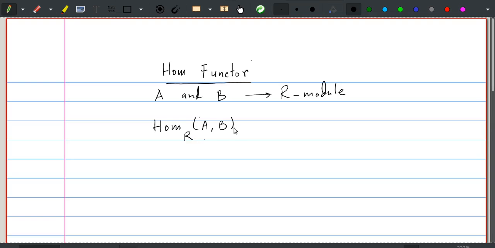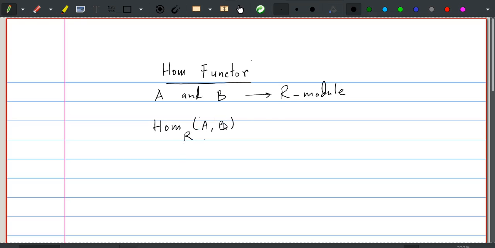Let us write down R here to make it clear that we are dealing with R module homomorphisms. Then this set has an R module structure.